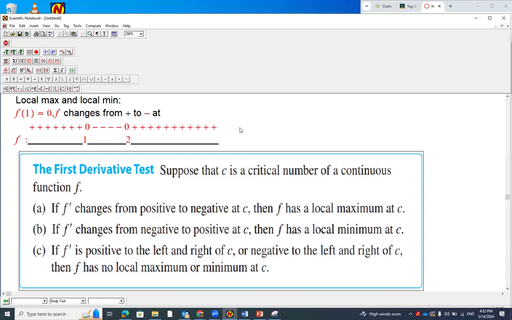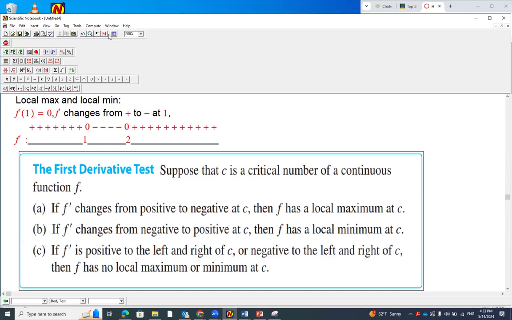You copy word for word at 1. Okay? From positive to negative. Therefore, f has a local maximum at c. Okay?